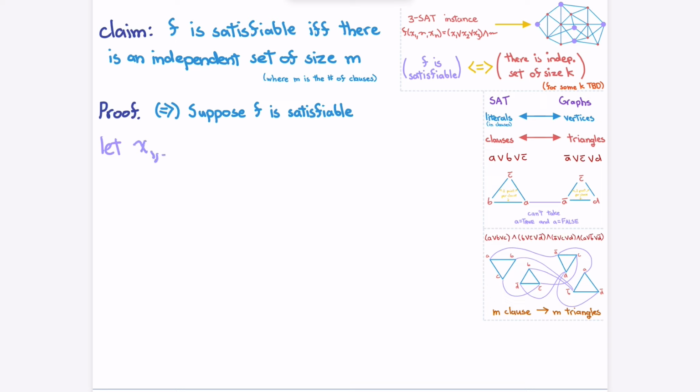So let x1 to xn be a satisfying assignment, right? And now, you want to show that there is an independent set of size m. So let's just make one, right? Let's just try to figure out how to choose m vertices that are independent. Okay, so if you have this, what might be the second sentence?